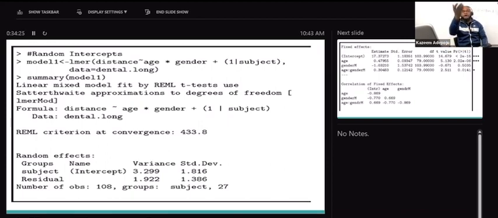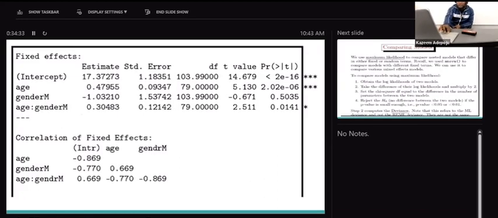Now we fitted this, still using random intercept. Now we have results. Let's look at the fixed effects side. In the fixed effect side, oh my God, take a look at the interaction. It is significant.